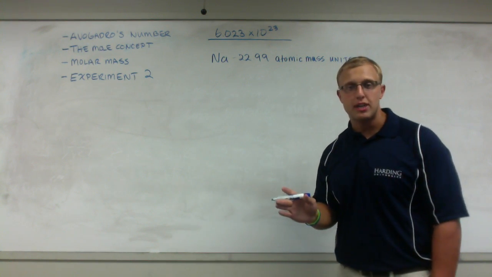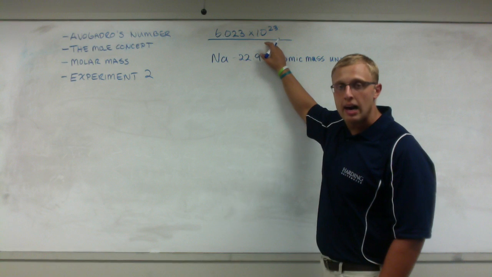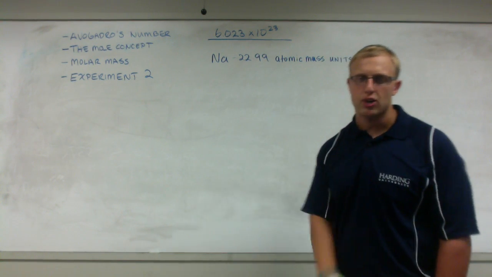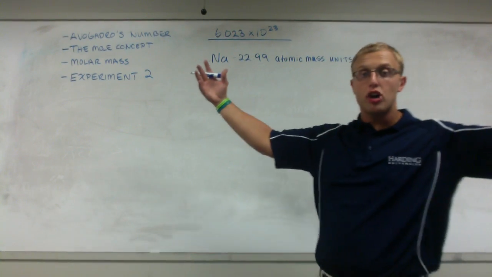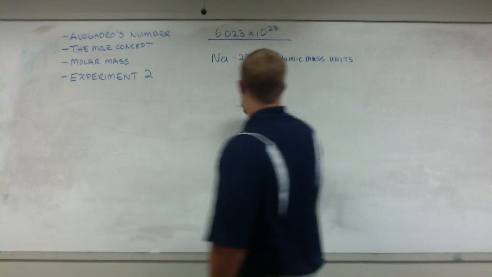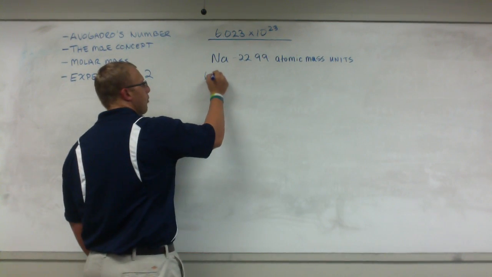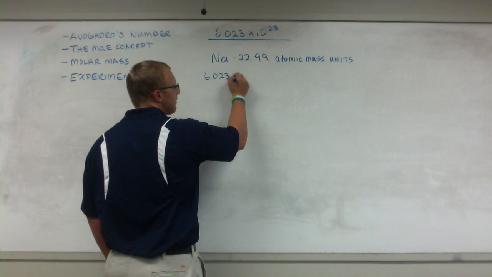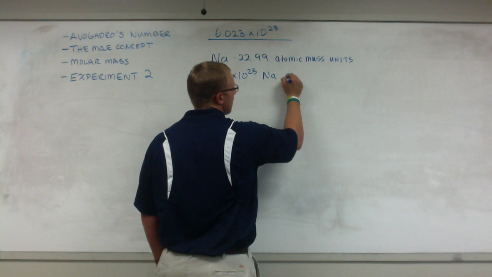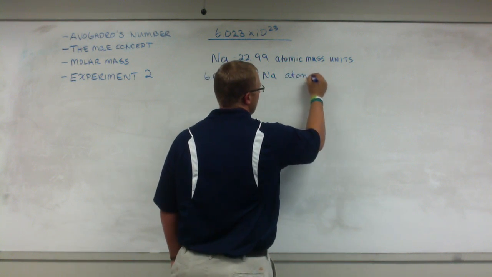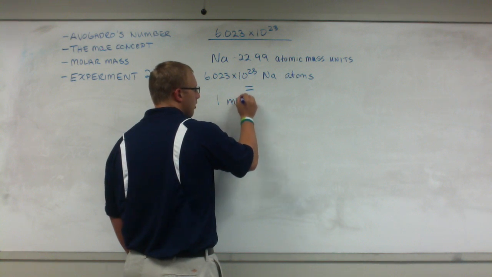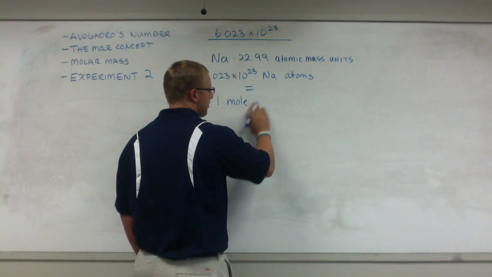We just can't observe that small of a number. And we use a number that can describe this in macroscopic terms because we have such a large amount of it, right? So we're going to say that 6.023 times 10 to the 23rd sodium atoms is equal to 1 mole of sodium atoms.